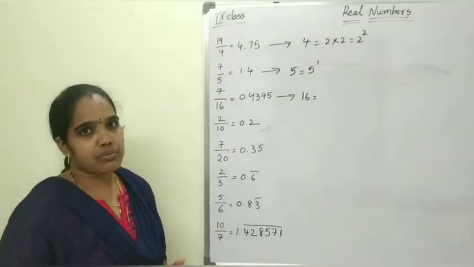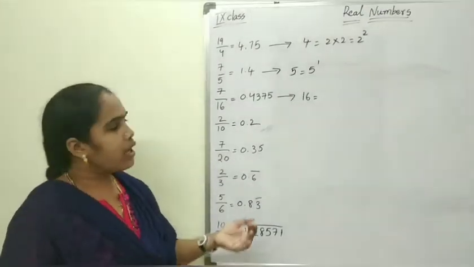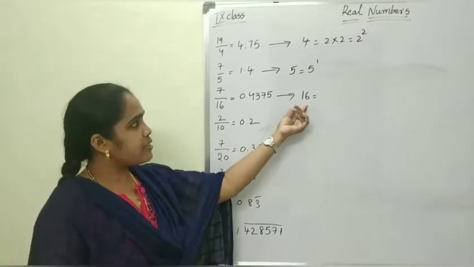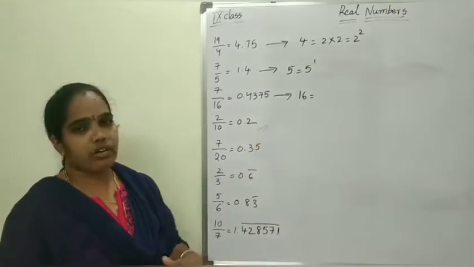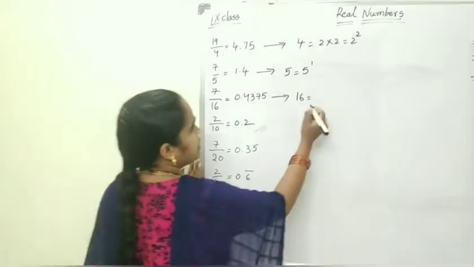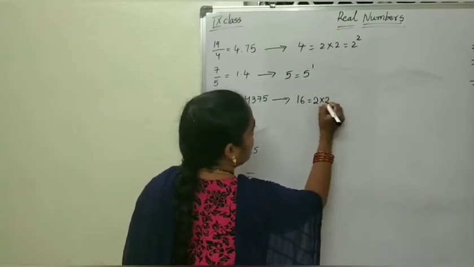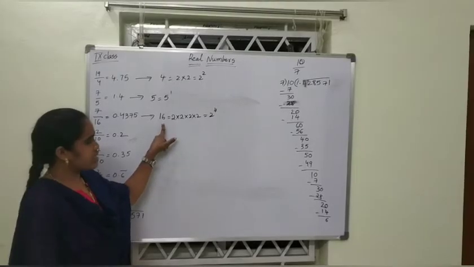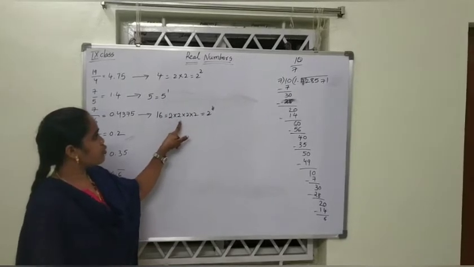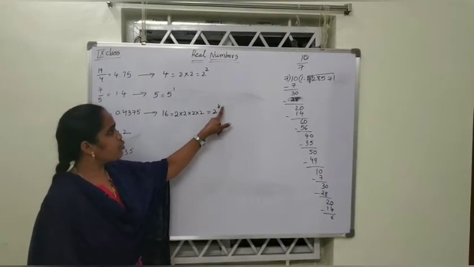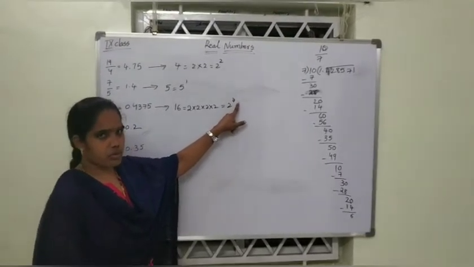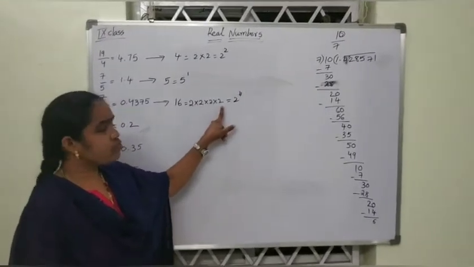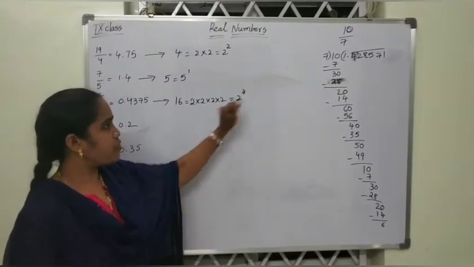It means expressing the number as a product of primes. So 16 is 2 into 2 into 2 into 2, that is 2 to the power 4, since 2 is multiplied 4 times.